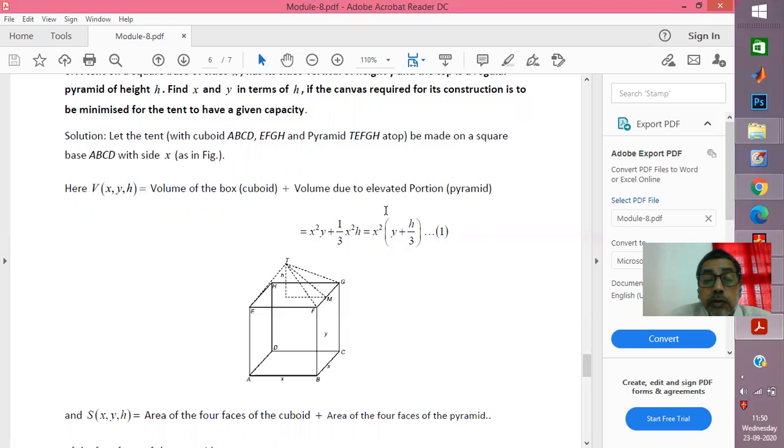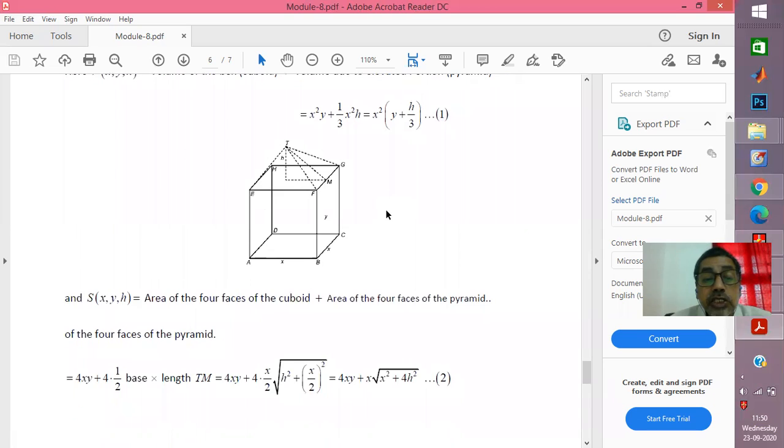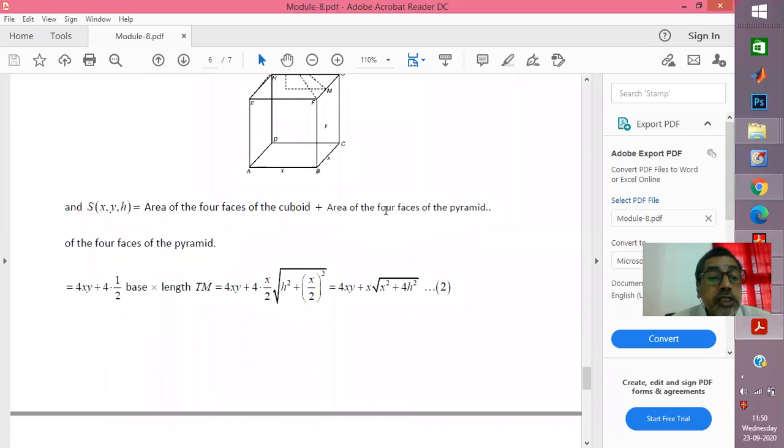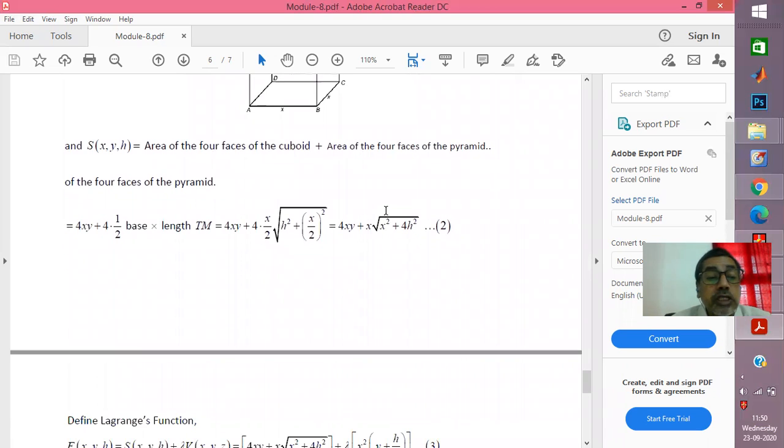So 1/3 base area will be x into x, and then the height is h, that is assumed. So this is the objective function. It contains 3 unknowns, x, y, and h, and then the constraint is the surface area is a constant. I mean, the volume is a constant, and we have to build the surface area for minimization.